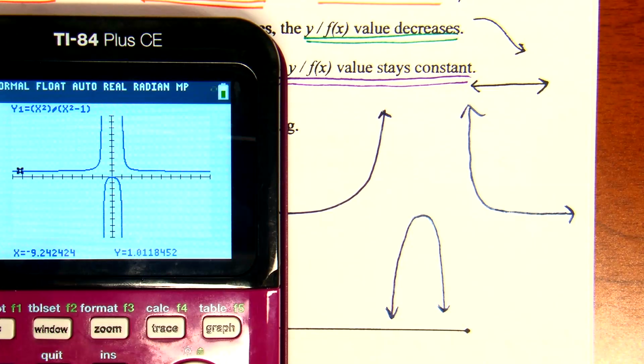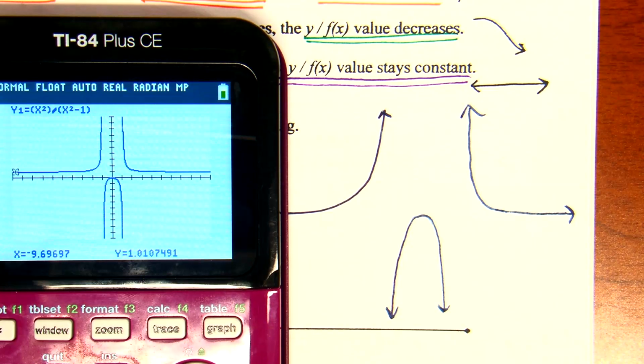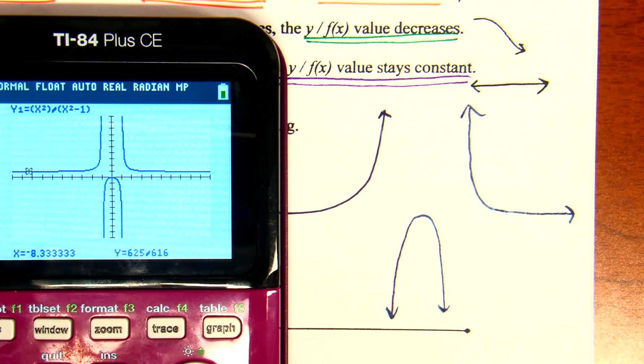So, as I start at the far left edge of my graph, what is the first thing I'm doing? As I move to the right, what are my y values doing?